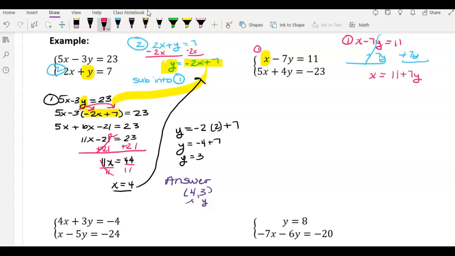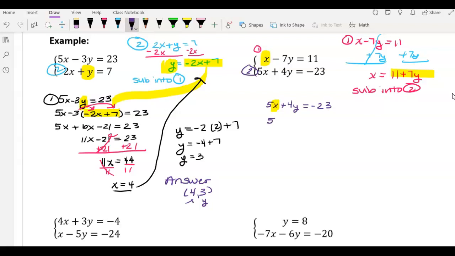We're now going to substitute into equation 2. So equation 2 is 5x plus 4y equals negative 23. So we're going to take this 11 plus 7y, and we're going to put it in for x this time.